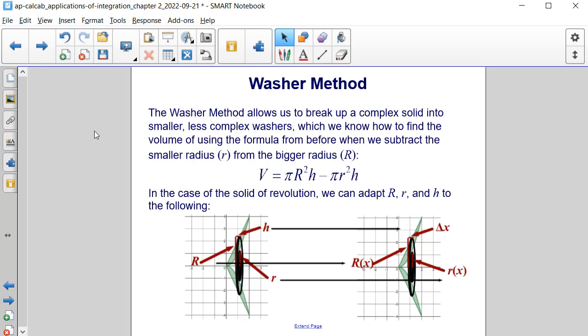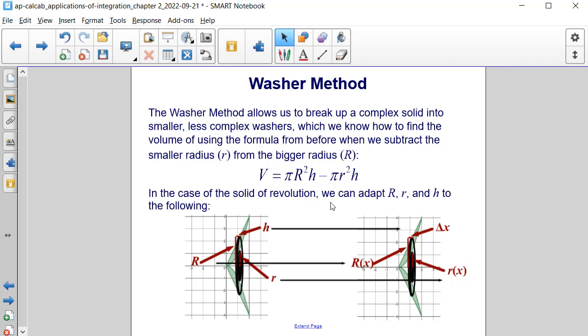So the washer method allows us to break up a complex solid into smaller, less complex washers, which we know how to find the volume of using the formula from before, when we subtracted the smaller radius volume from the bigger radius volume. So we had pi times capital R squared times h minus pi times little r squared times h.